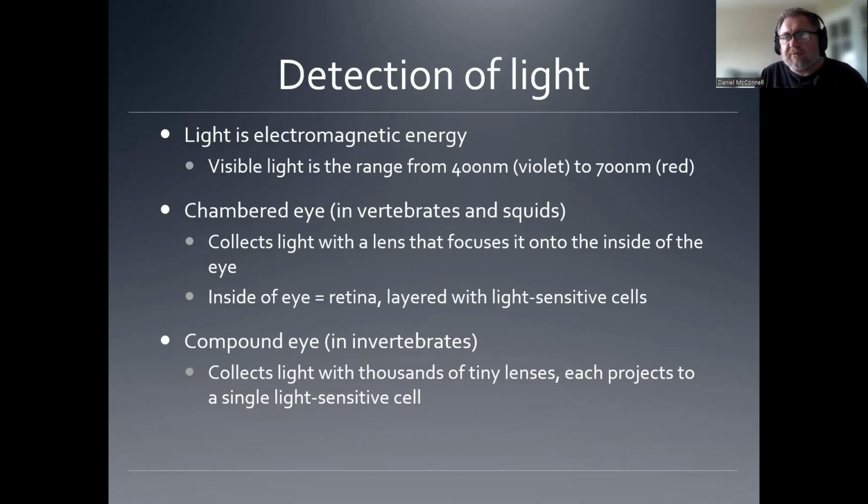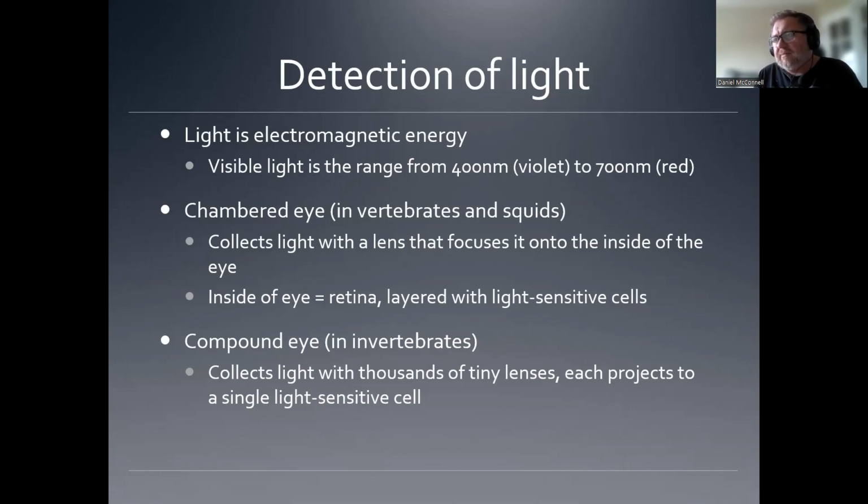The problem meaning, how do I sense light? The solution is evolve a chambered eye. But the chambered eye in squids does not share a common ancestor with the chambered eye of vertebrates. The definition of a chambered eye is that it contains a light-sensitive layer, the retina, contained within an enclosed chamber, which will, of course, be the interior of your eyeball itself.